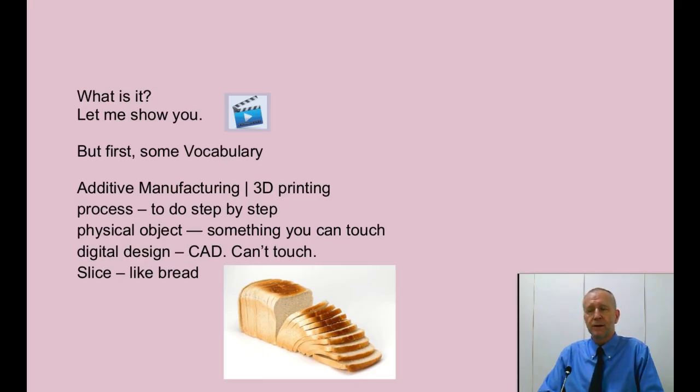Additive manufacturing, that's another word for 3D printing. Basically, instead of taking the material away from, say, a block, instead of removing, kind of like if you think of a sculpture or statue, you start with a big block and you take it away until you get what you want.